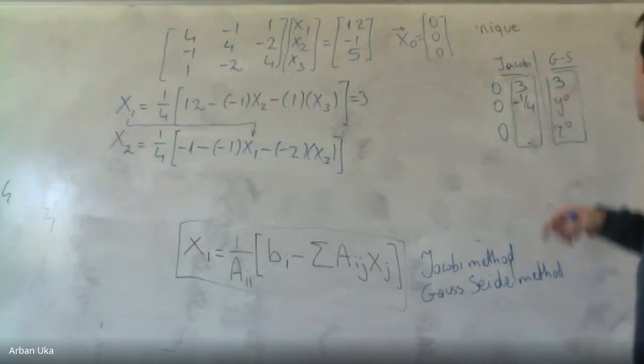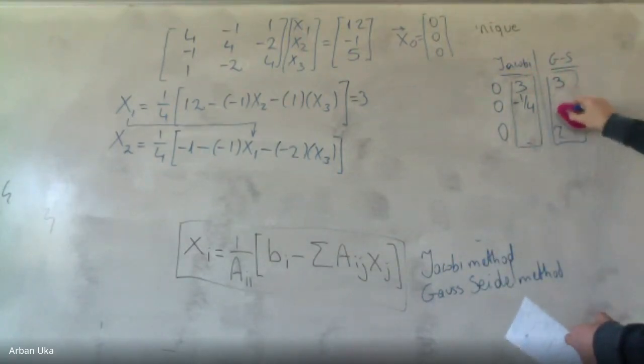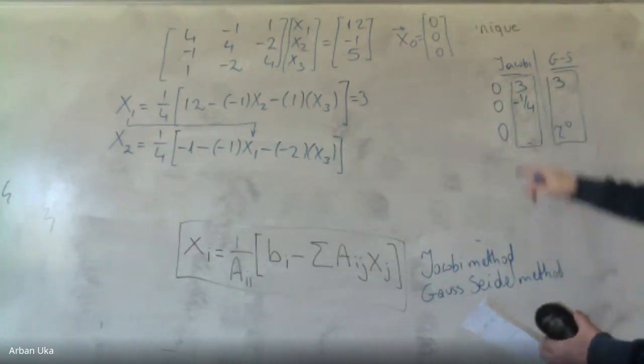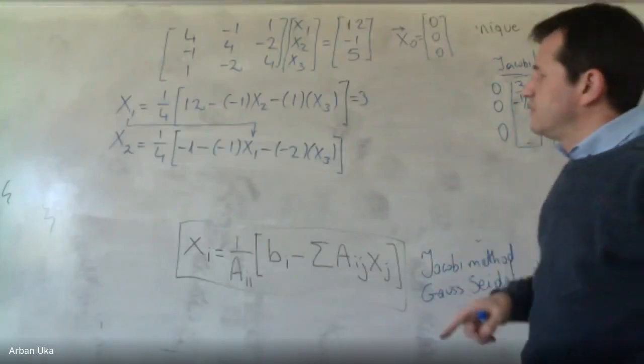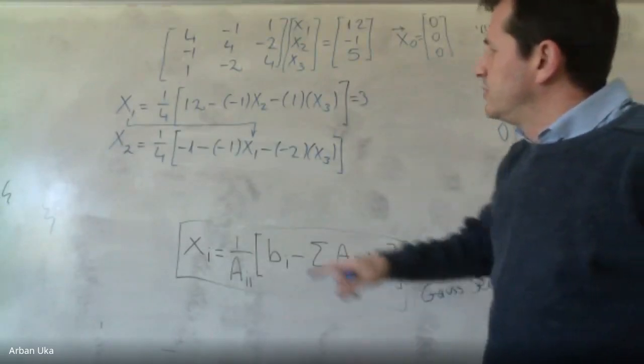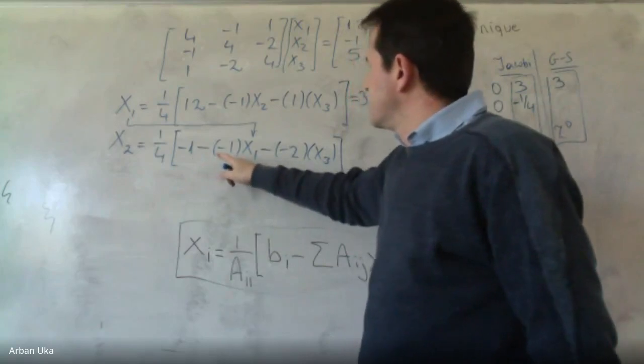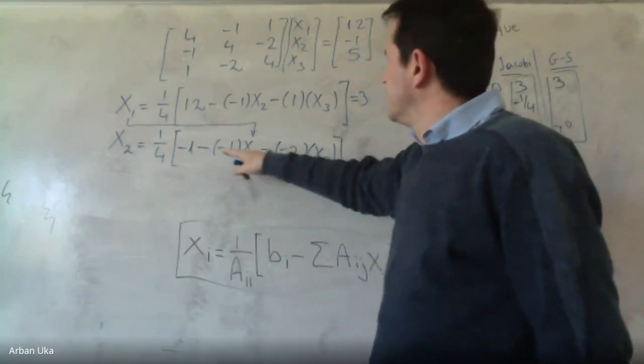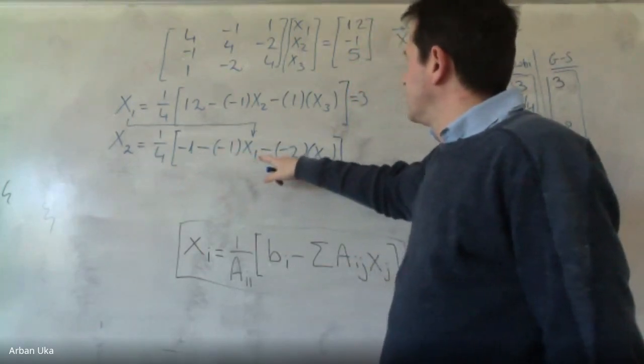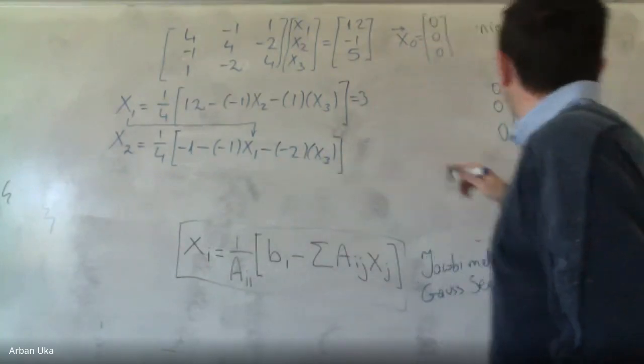So if it is the Gauss-Seidel method, it will not be negative a quarter, but this is minus 1 plus 3, which is 2, and 2 over 4 would be 0.5.